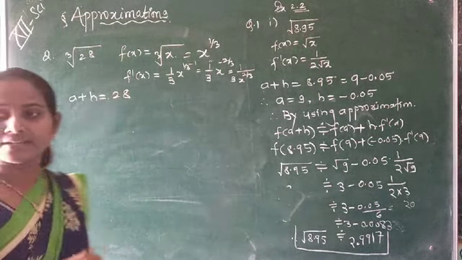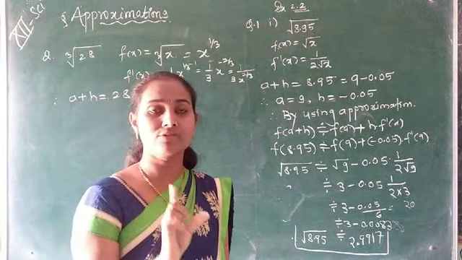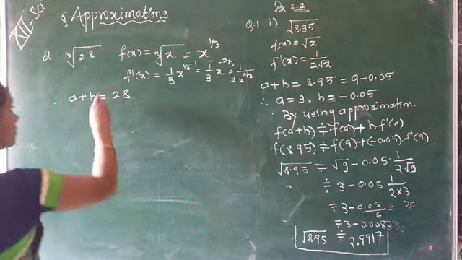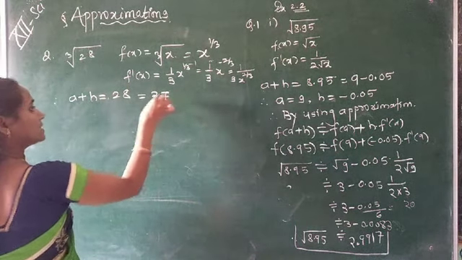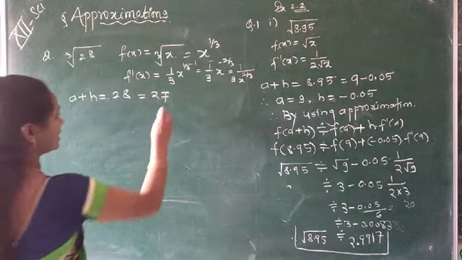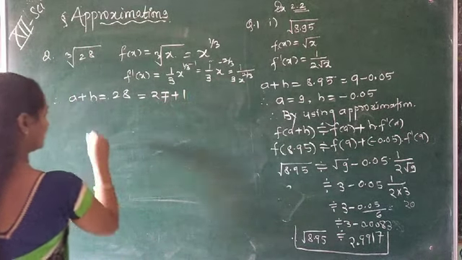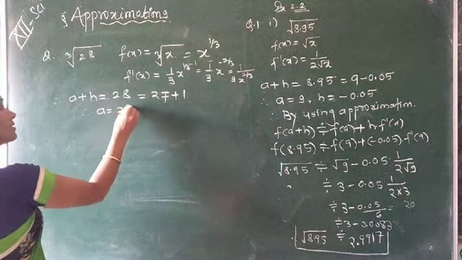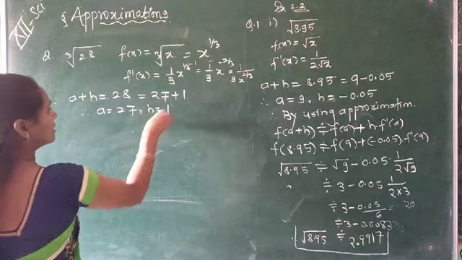मग आता हा 28 असं स्प्लिट करा की त्यातल्या एका व्हॅल्यूचं आपल्याला काय मिळालं पाहिजे? क्यूब रूट. So we take the cube root of 27 because cube root of 27 is 3. 27 plus 1. Therefore a is 27 and h is equal to 1.